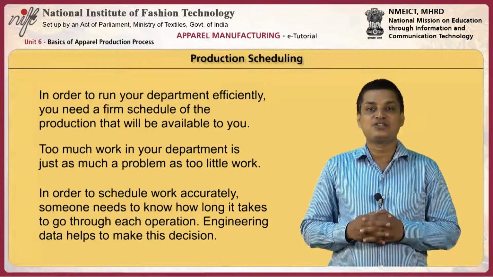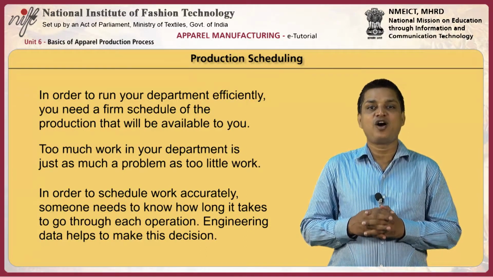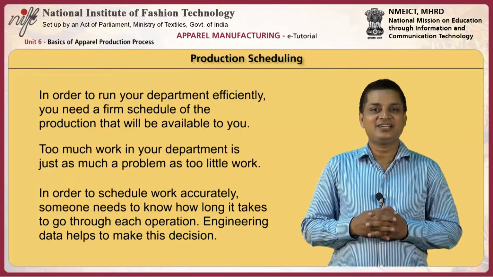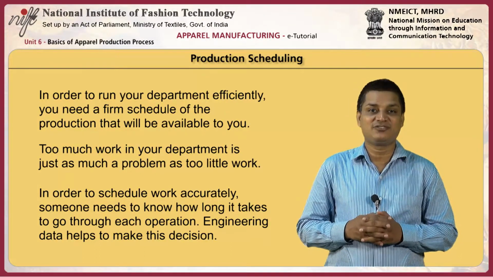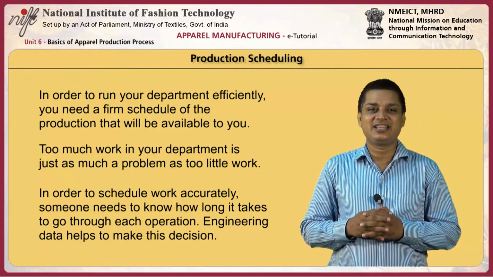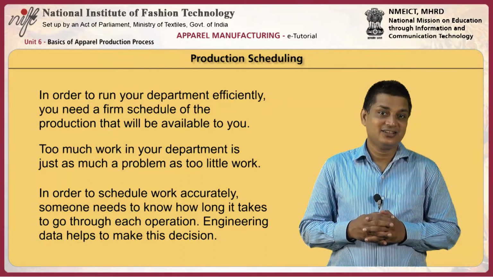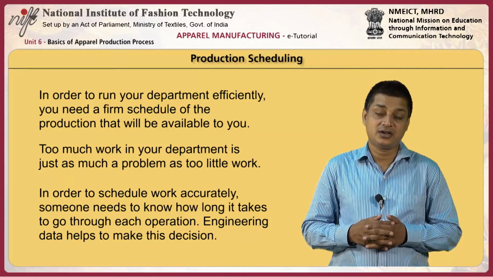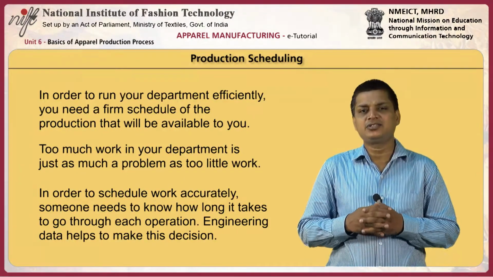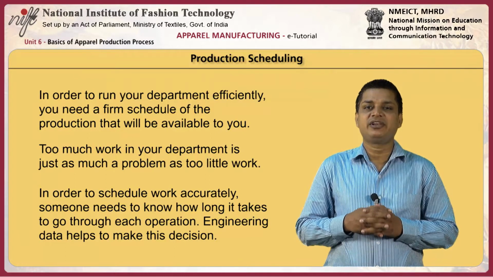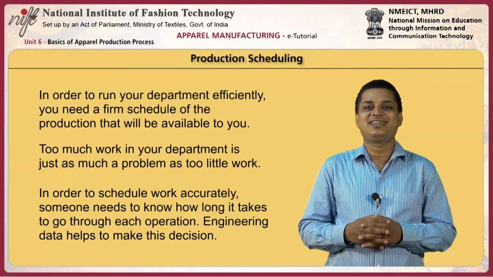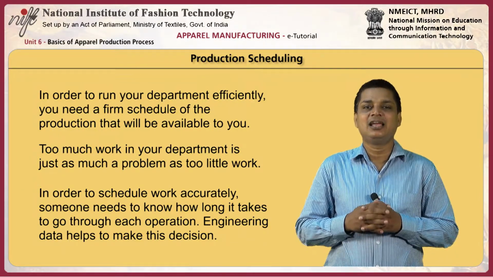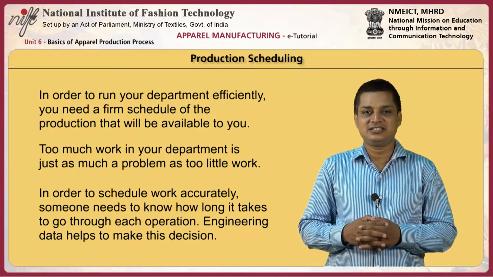Suppose there was no way of knowing how much more work your section could handle. Do you think that there would be much of a chance that someone could guess exactly right as to how much work to load in? Of course not. In order to schedule work accurately, someone needs to know how long it takes to go through each operation. Engineering data helps to make this decision.